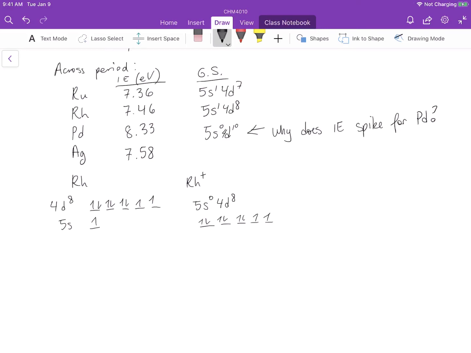In this case, if we calculate our exchange, we have 5 spin-up electrons, so 5 times (5 minus 1) over 2, plus 3 spin-down electrons, so 3 times (3 minus 1) divided by 2, so it'll equal 13K. And it'll be the same for this one.